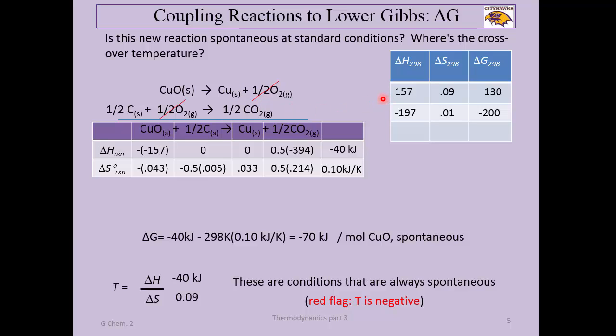Okay. And I just want to show you that when you have thermodynamic properties like this and you're adding the equations, you literally just add the thermodynamic parameters. So 157 minus 197 is a minus 40 kilojoules per mole of heat released in this reaction. You add these two, and that confirms the other way we did it. Now we add these together, get 0.10 kilojoules per Kelvin.